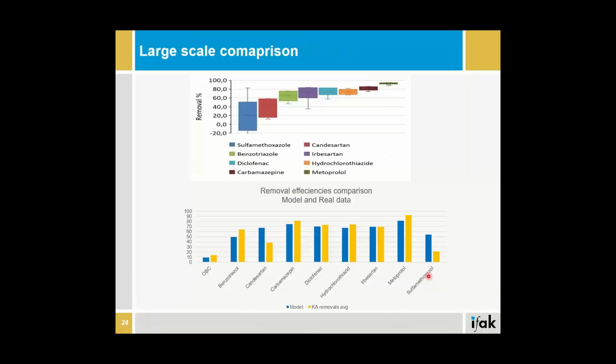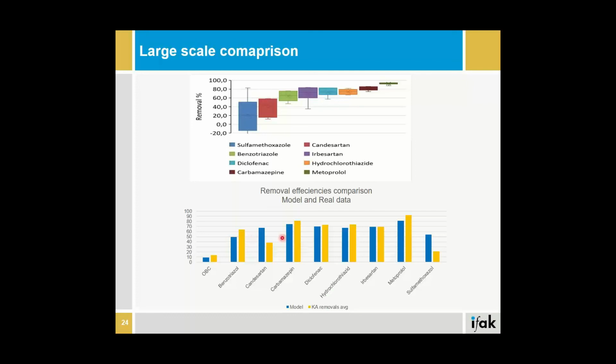Looking at the model results, they sufficiently meet the 5-day average removal rates obtained from the Mannheim wastewater treatment plant. Here, the blue lines are the model results, and the orange or yellow lines are the wastewater treatment plant removal averages for 5 days.